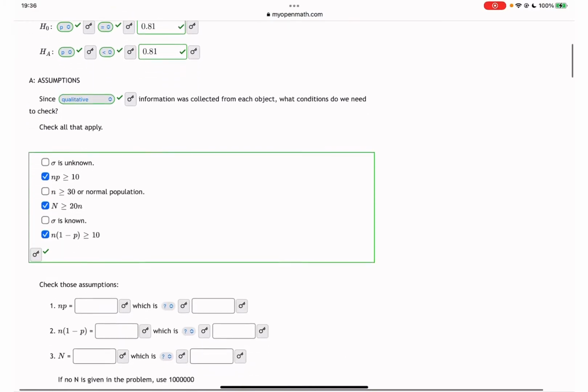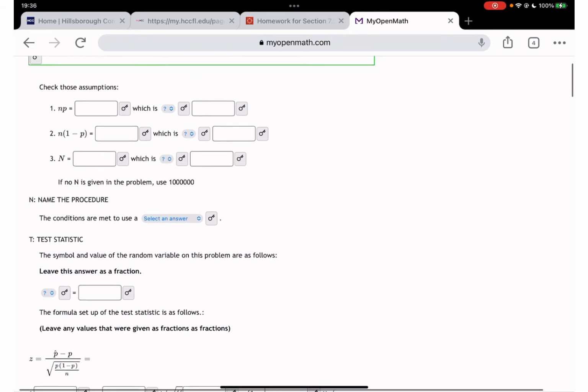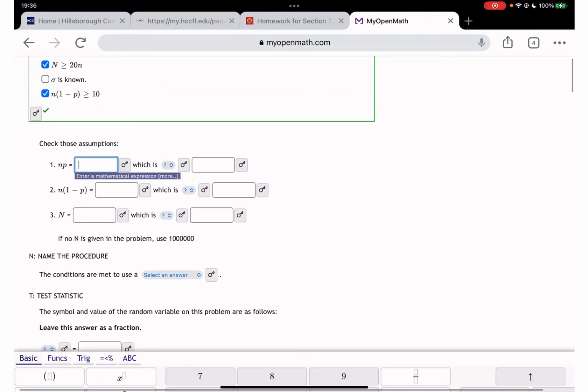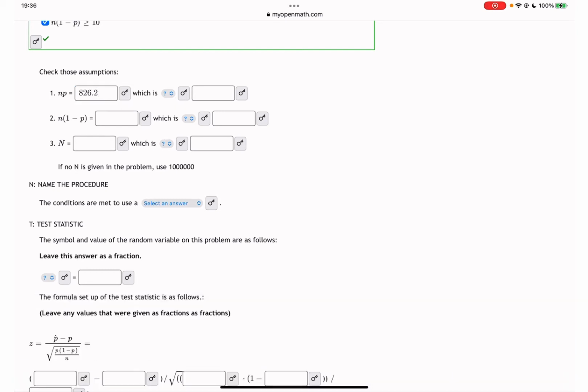So we take 1020 times 0.81, and I'm getting 826.2. Again, I took the sample size n, which is 1020, and multiplied it by the probability, which is 81%.